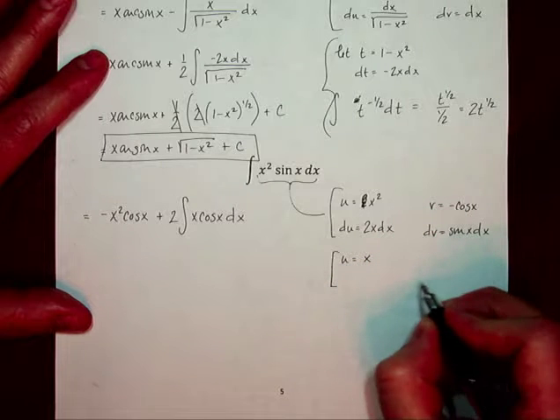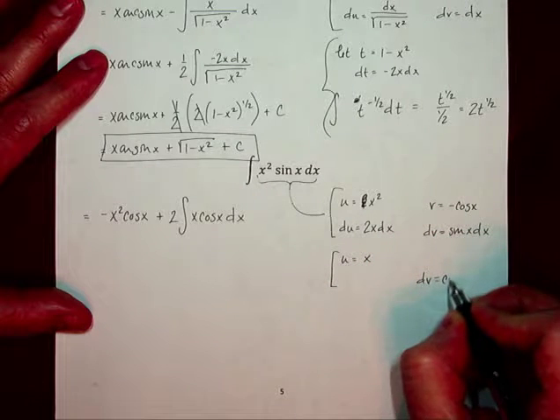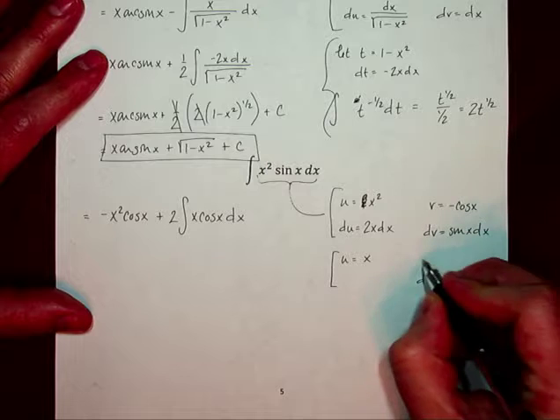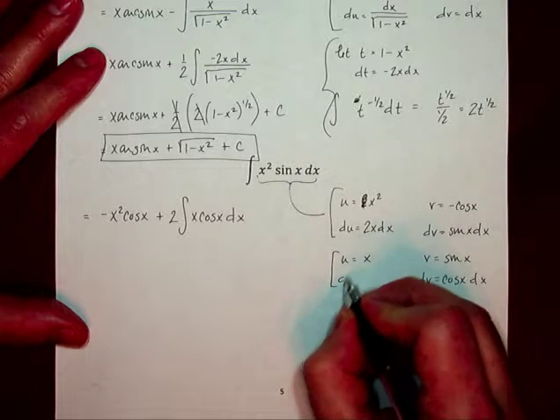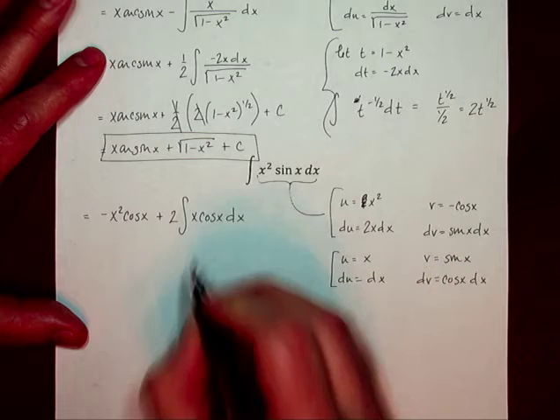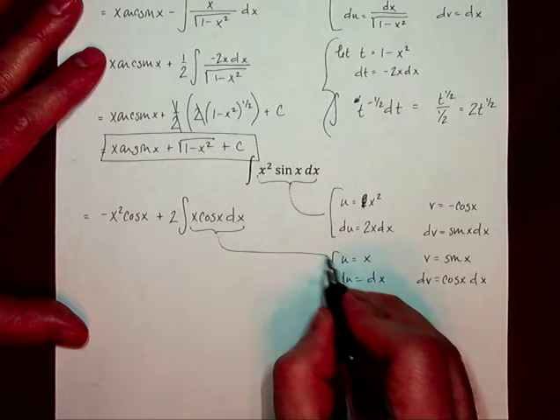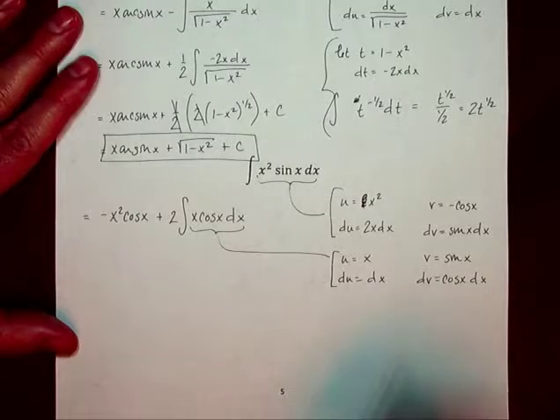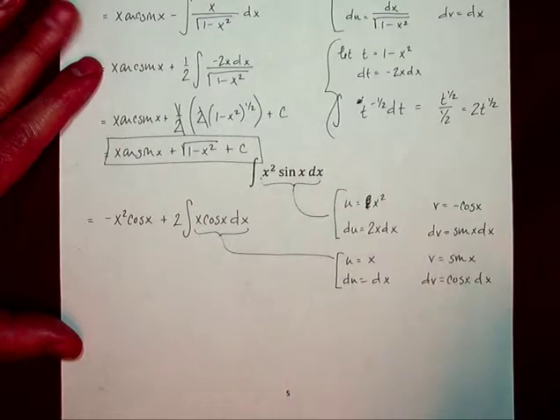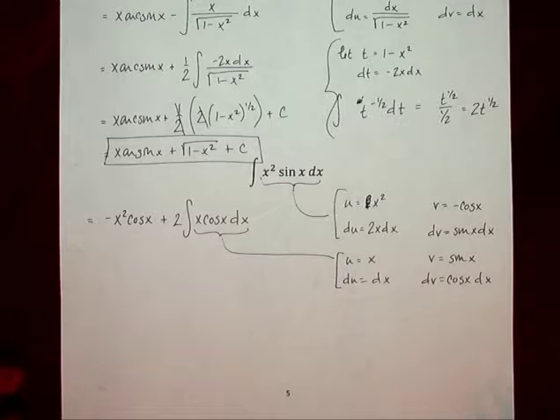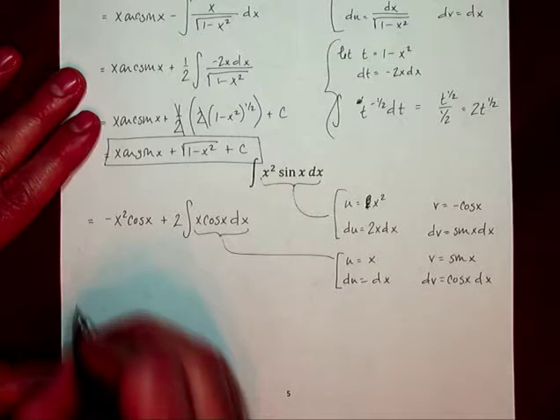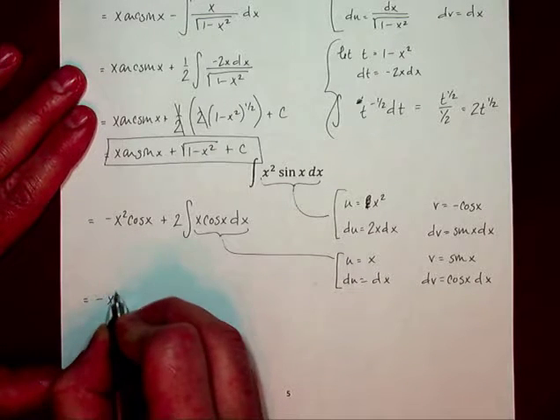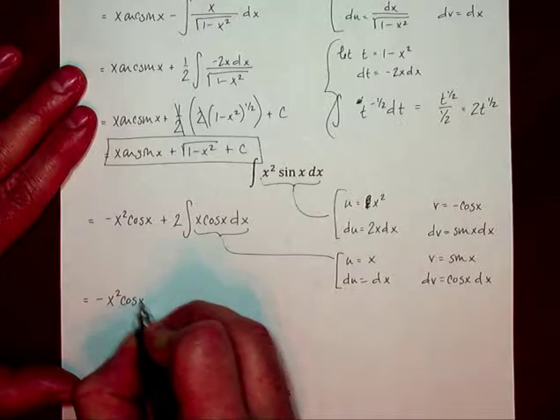So u is equal to x and dv is equal to cosine x dx. When I differentiate cosine, it just becomes sine, and when I differentiate x, it becomes dx, right? This integral is that basically designation of u and dv in parts. Now you can use separate variables if you want, but basically I just group them and point them to what exactly they are associated with, and I think the confusion is minimal when you do it that way.